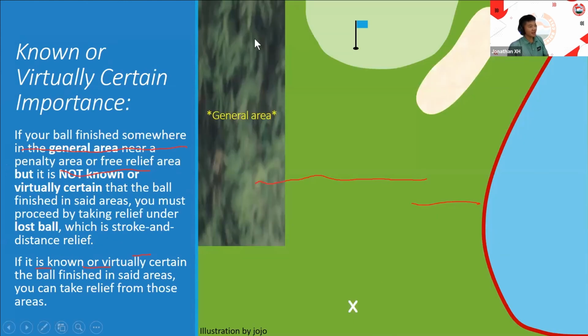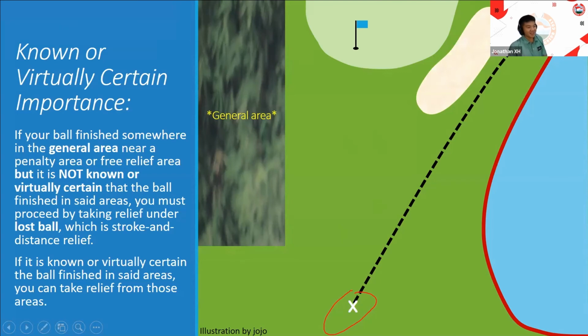He was allowed to drop in front rather than having to go back to the tee box, because if we were counting as a player, not as a referee, you are going to lose one stroke if you are proceeding with stroke and distance. As a player, as a referee, it doesn't matter because we're here. Referees are there to help you proceed correctly playing the game of golf.